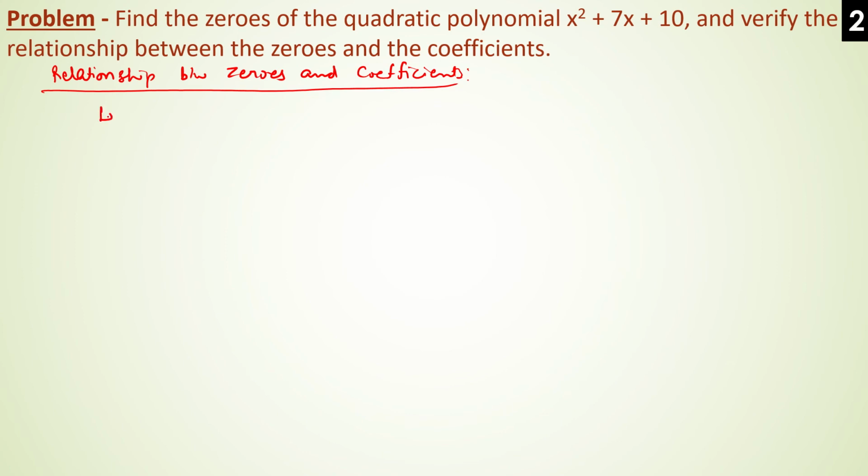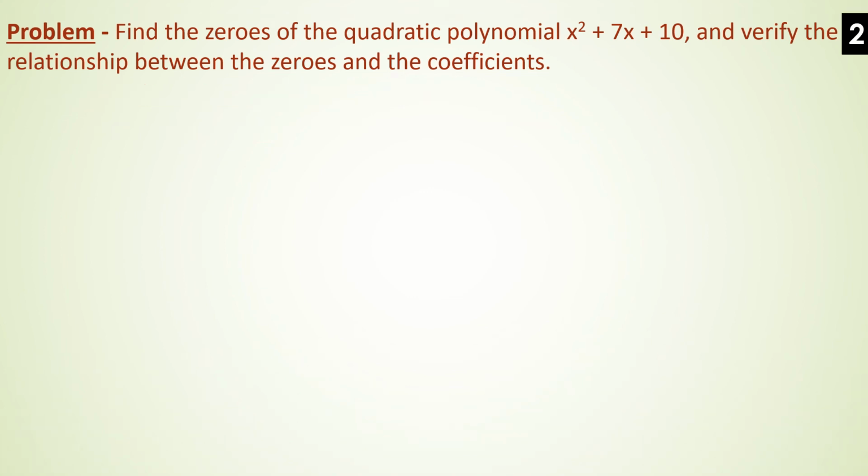So we will assume, let zeros are alpha equals minus 5 and beta equals minus 2.